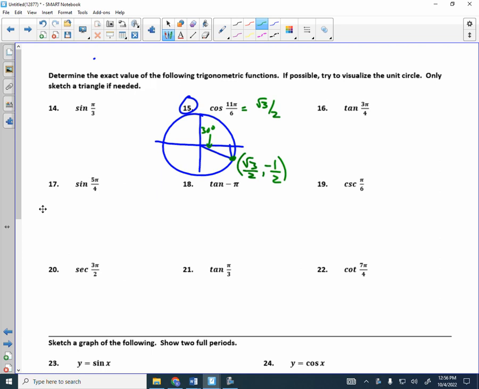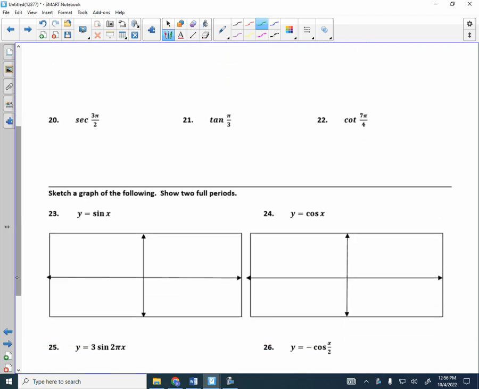Patty, pick one. Patty wants to do 21, the tangent of pi over 3. Pi over 3 is how many degrees? 60, what? So I draw the 60-degree angle, okay? What's that going to be? 1/2, root of 3 over 2, good, you've got those.